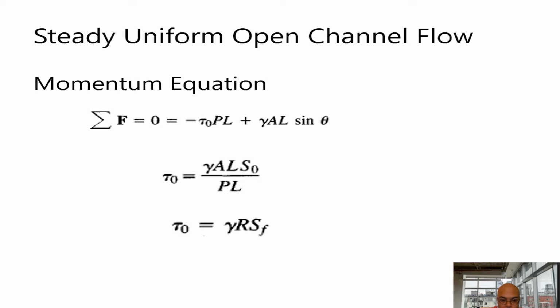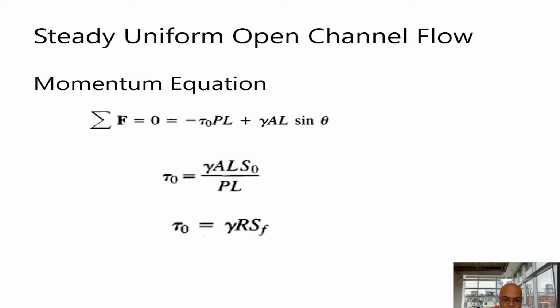That is balanced by the shear force or viscous force. Because tau represents shear stress, which acts on the wetted perimeter, that is the surface in contact with the fluid flow.